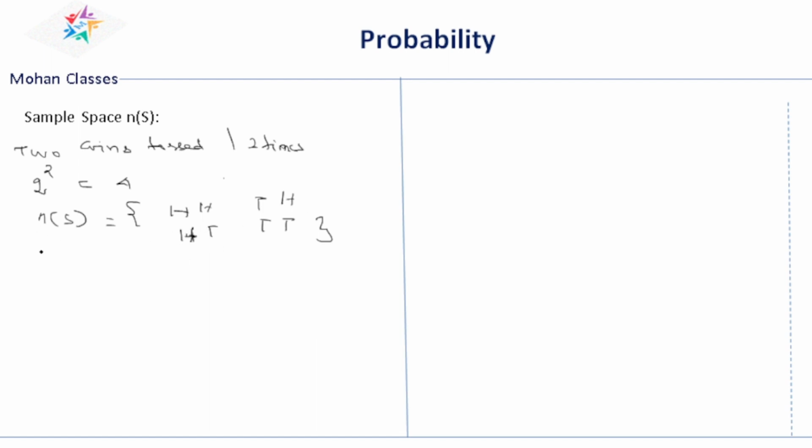Suppose 3 coins were tossed, how will you write it? 2 to the power of 3 is equal to 8. Therefore the number of samples will be 8. Half of it is 4, so you write 4H and here 4 tails.